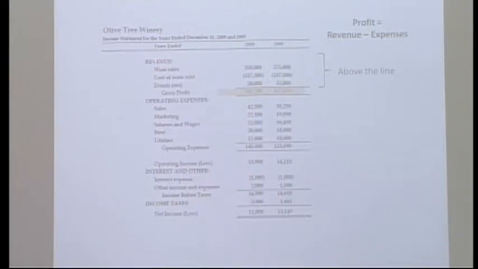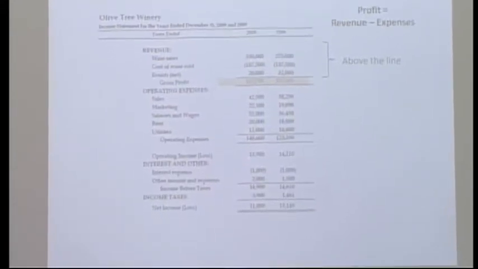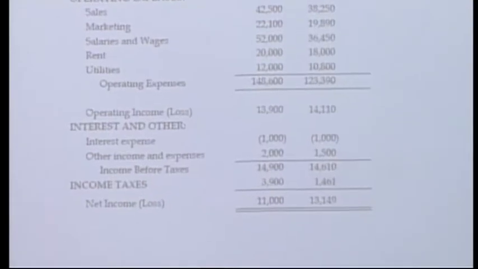The difference between revenue and cost of wine sold is gross profit. Then we need to take care of other operating expenses, for example sales, marketing, etc. The difference between gross profit and operating expenses is operating income or operating loss.